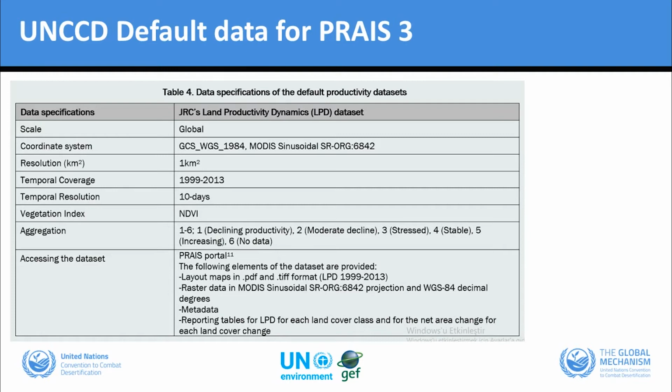One is the raster data in two projection systems: one is MODIS sinusoidal and the other one is WGS 84 decimal degree. Another element you will have is the metadata. And finally, all the countries will have the reporting table for LPD for each land cover class and for the net area change for each land cover change.